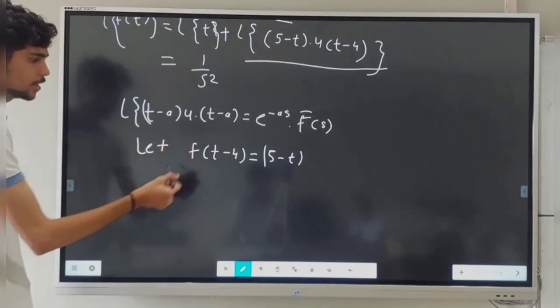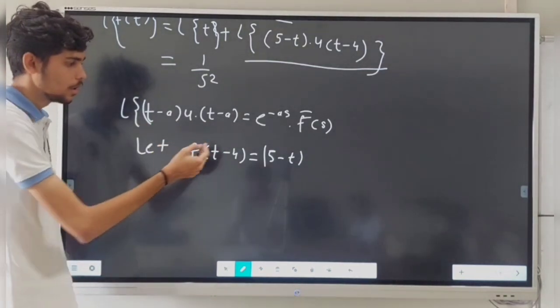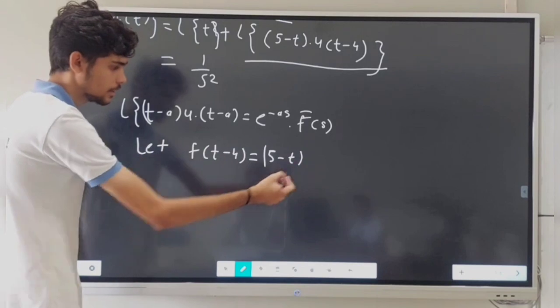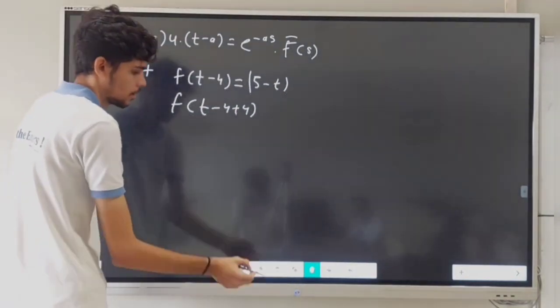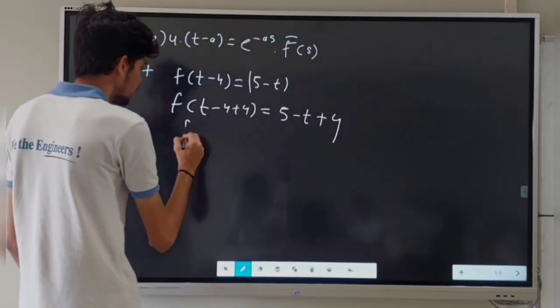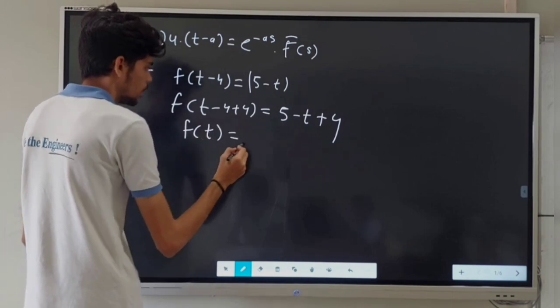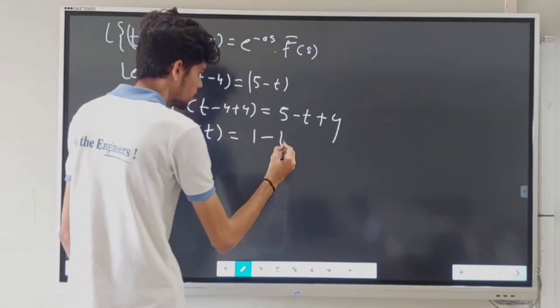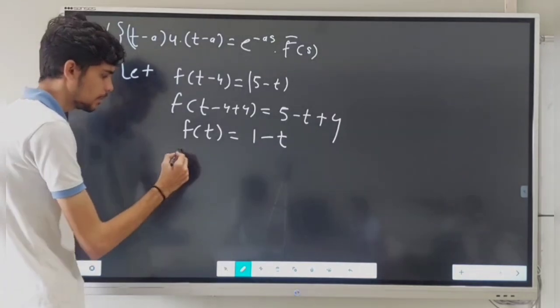For taking the Laplace we need f of t, so we have to adjust by adding 4 here and there. We get here f of t, and here 1 minus t. So we take the Laplace here.